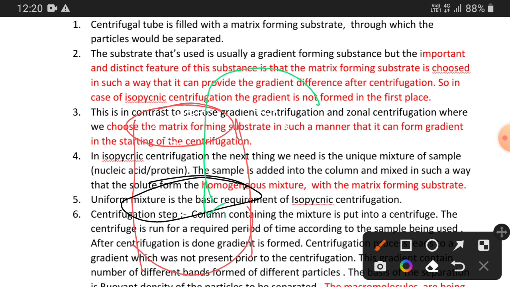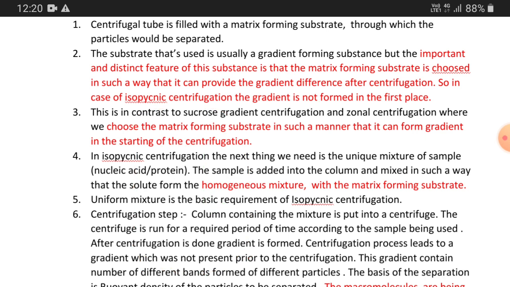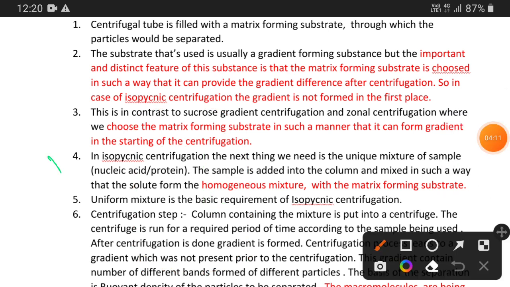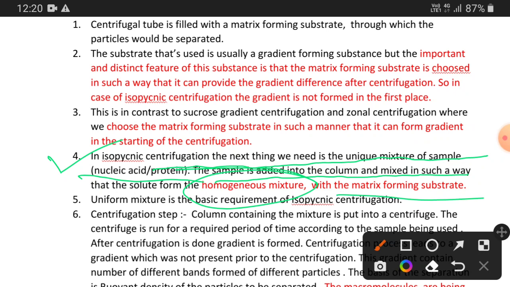The sample is added into the column and mixed so that it gives a homogeneous mixture with the matrix forming substrate.